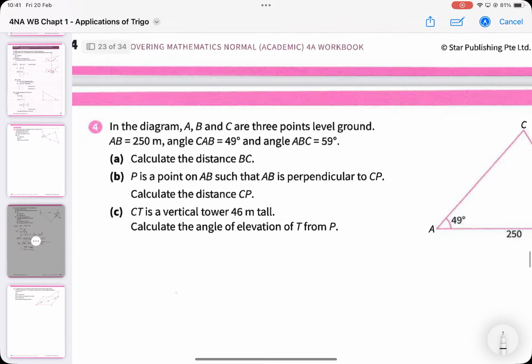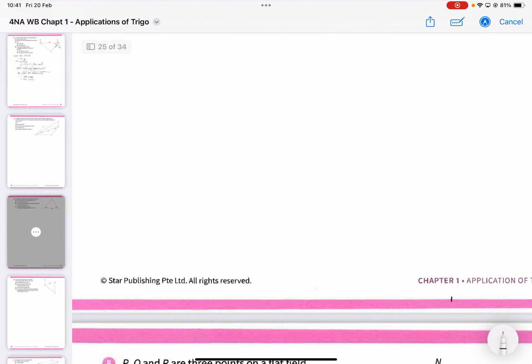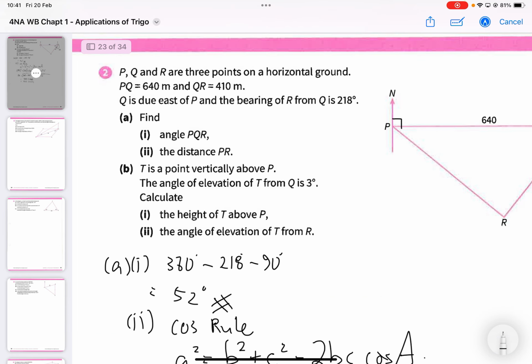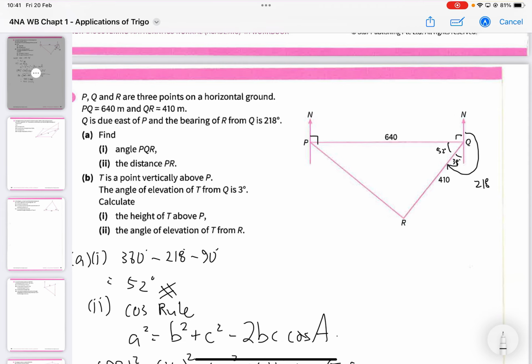So we were looking from a top view. Now the T is closer to us. It is a three-dimension question now. Okay? The angle of elevation of T from Q. Q is here. So now P is actually sticking out.